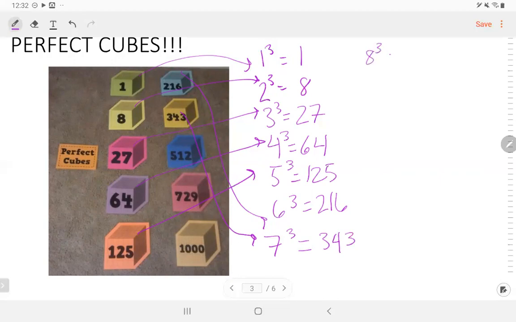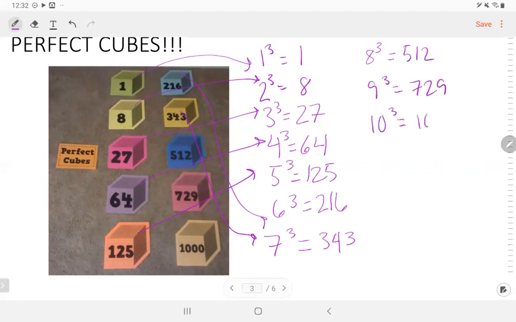So 8 cubed, or 8 times 8, would be 512. 9 cubed would be 729. 10 cubed would be 1,000. 11 cubed, I know it doesn't say in the picture, but this would be 1,331, and 12 cubed would be 1,728.